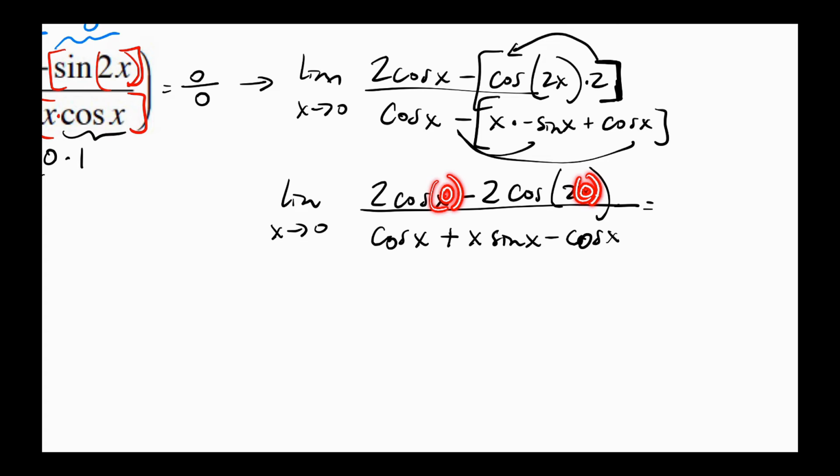So when I plug in 0, I get 2 minus 2 on top, because cosine of 0 is 1. On bottom, I get 1 plus 0 times sine of 0, so that's just 0.